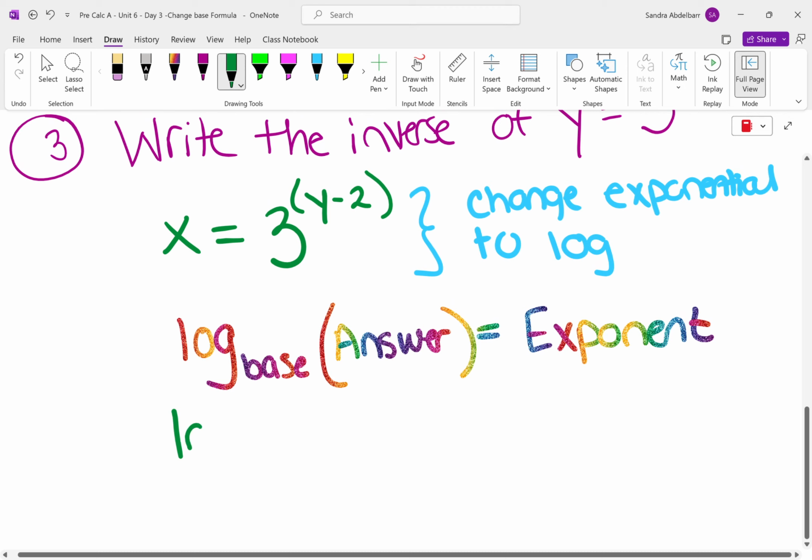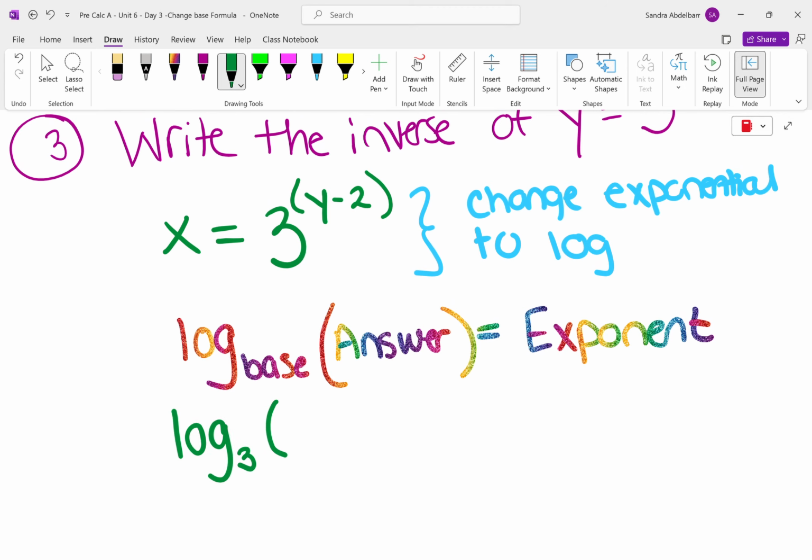Okay, so let's change this. So we're going to have log base of what? 3. Right? Then our answer is x equals our exponent, which is y minus 2. Now remember, we were finding the inverse. I need to isolate that y, right? So now I'm going to add 2, but I'm not going to add 2 to the argument.